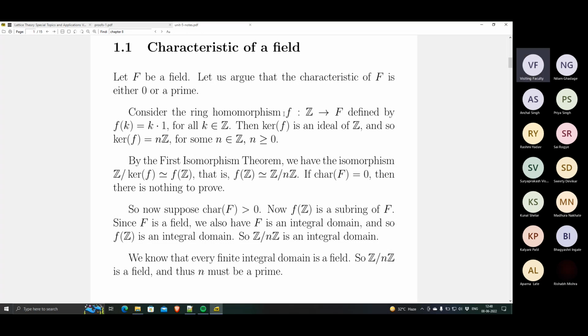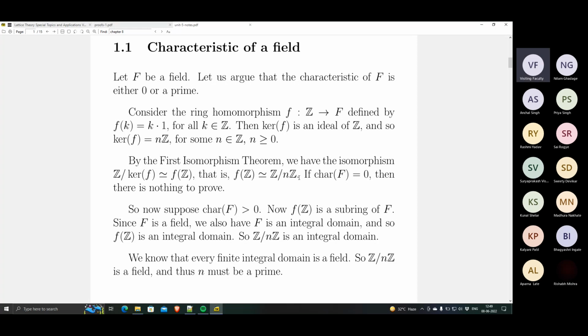If the homomorphism is surjective, then Z mod kernel is isomorphic to the field F itself, but that need not be true. In general, Z mod kernel is isomorphic to the image, which is f of Z. But the kernel is nZ, so f of Z is isomorphic to Z mod nZ.